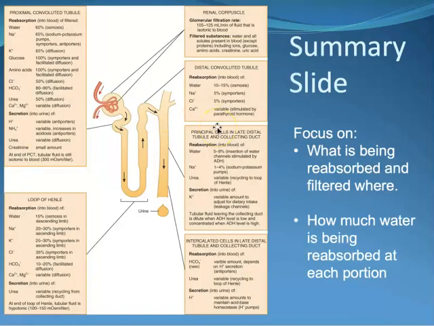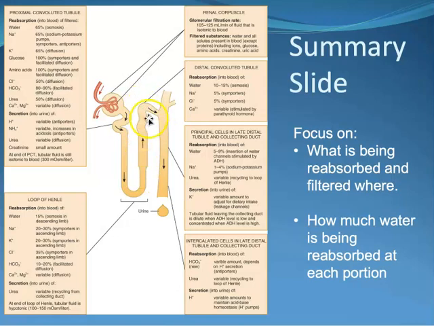So, if I can summarize what's going on in these tubules, the main thing to keep in mind is that the vast majority of reabsorption is going to happen here in the proximal convoluted tubule. Most of the water, 65%, is being reabsorbed here. Only water is being reabsorbed in the descending limb. Only potassium, chloride, and sodium in the ascending limb.